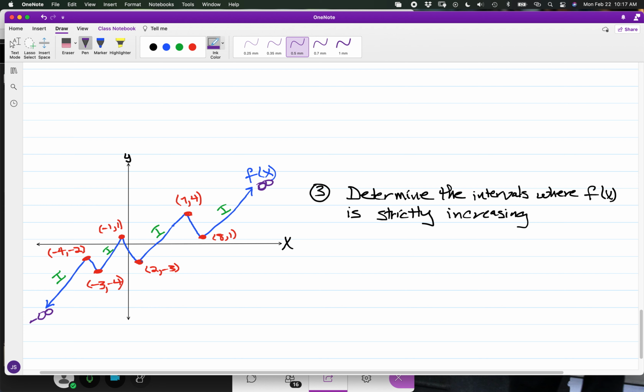For the intervals where f of x is strictly increasing, our interval notation will consist of parentheses only. So we have going from negative infinity, approaching but not including -4. For the next increase, going from -3 approaching -1.